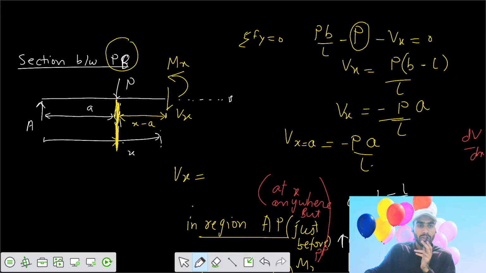And what is the value of shear force when x goes from a and reaches the end point, point B? So this distance is b.